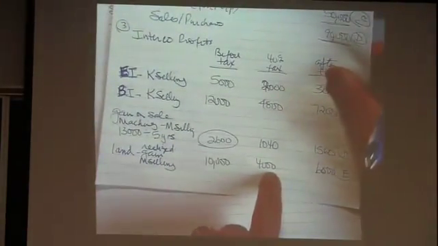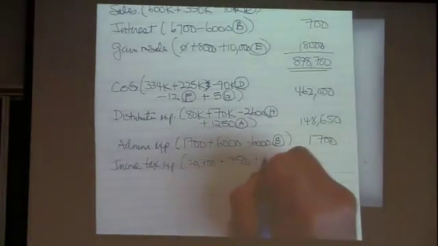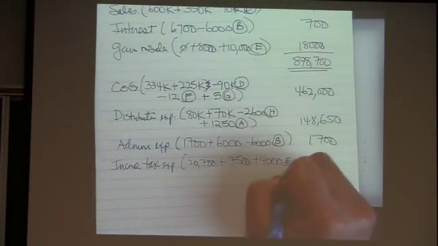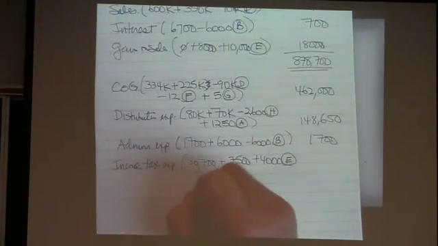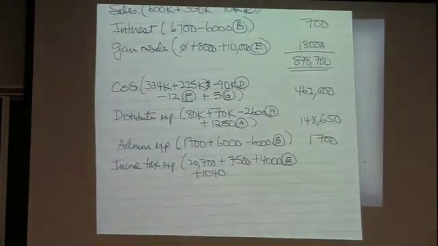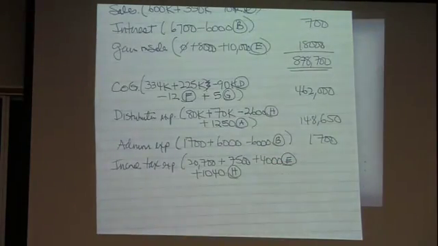So, land is finally realized. So we need to add the 4,000. Okay. We're going to also add the amount of gain that's realized. We need to realize that gain to offset the higher amortization. And what about the beginning ending inventories?